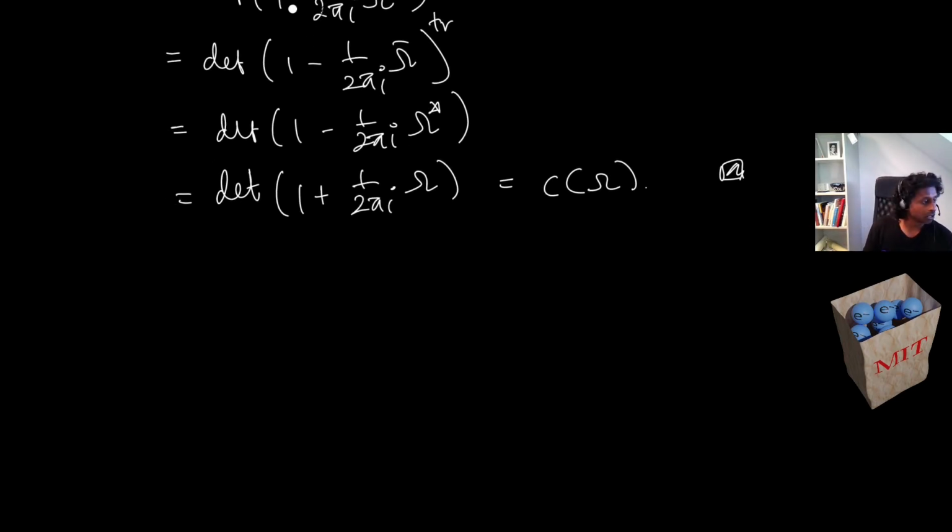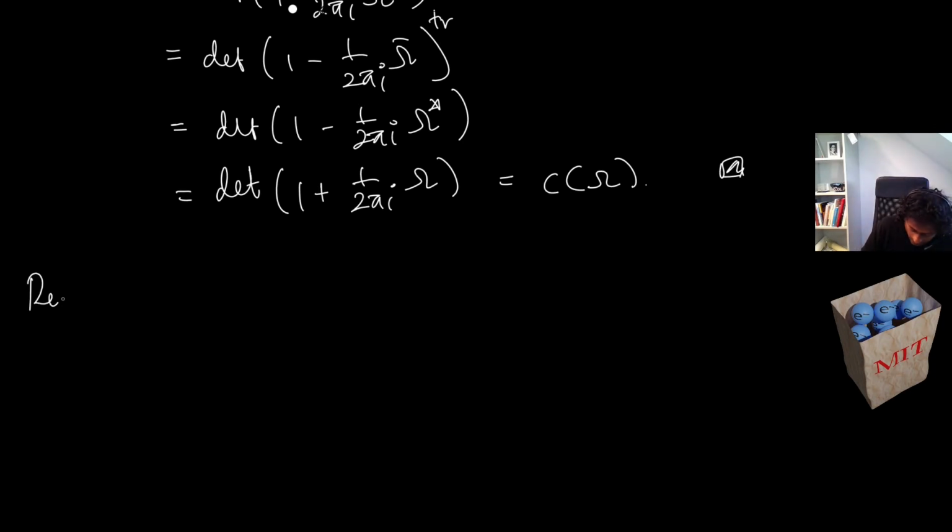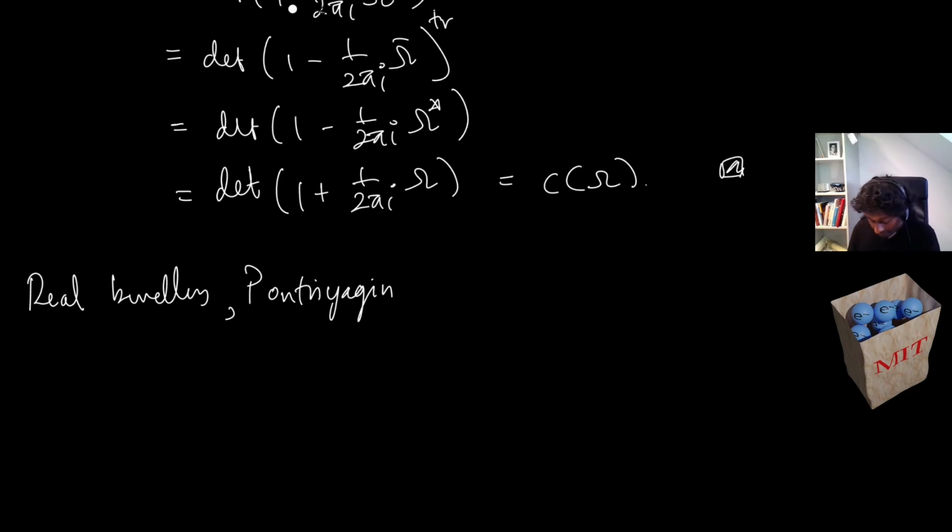Okay, so what we want to talk about are real bundles. With real bundles, we have an additional gadget called the Pontryagin form and the Pontryagin class, which we can discuss. So, real bundles, Pontryagin forms and classes. You can see I'm slightly dyslexic.